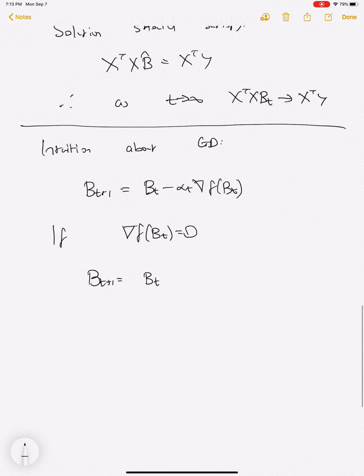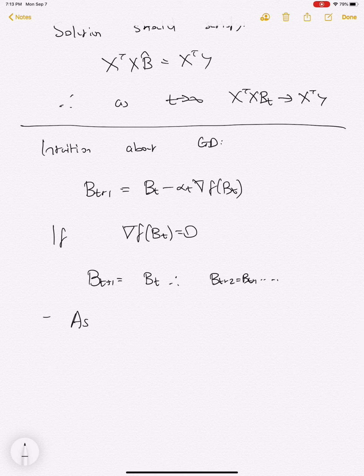And therefore that also implies bt plus 2 equals bt plus 1. And so we have convergence.